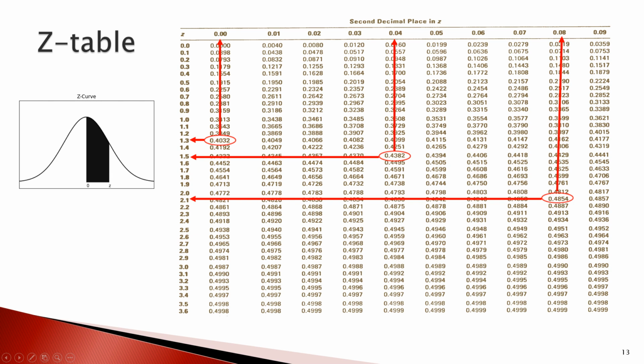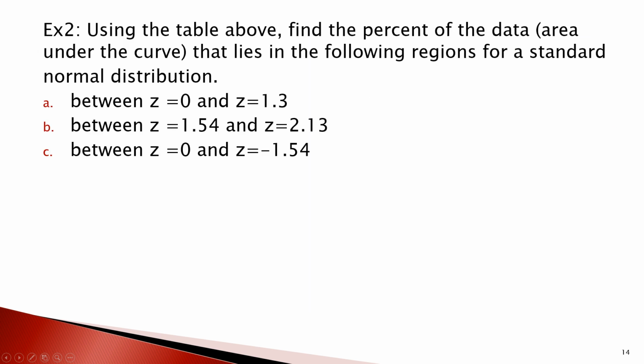Now let's go to the table. We find 1.3, which is here, and it should be 0.4032. So the area from 0 to 1.3 is 0.4032. What that means is almost 40% of the data lies between 0 and 1.3. This is how we interpret that.